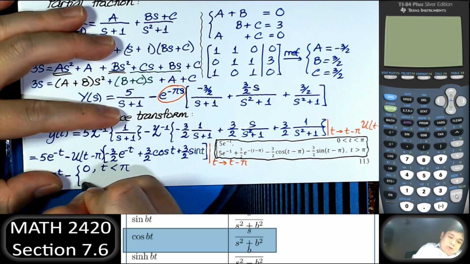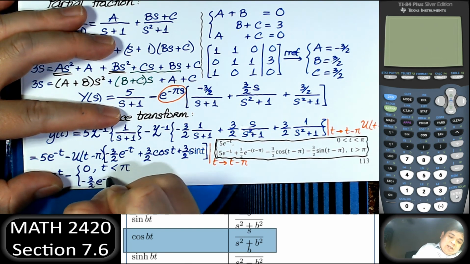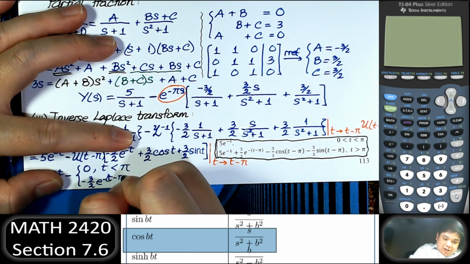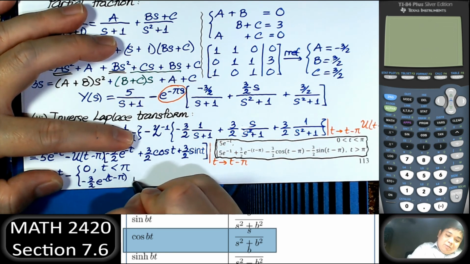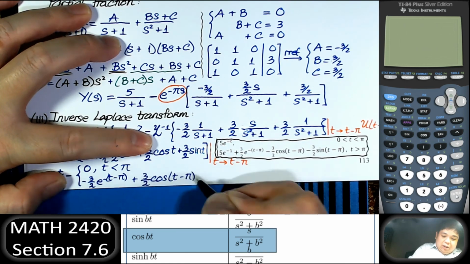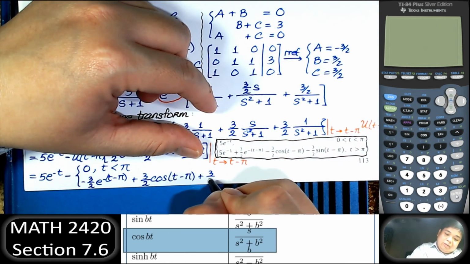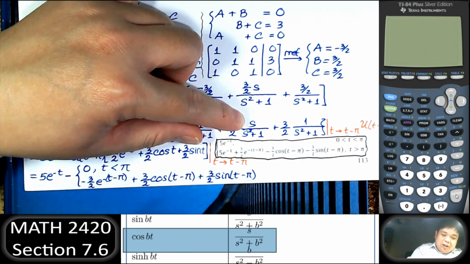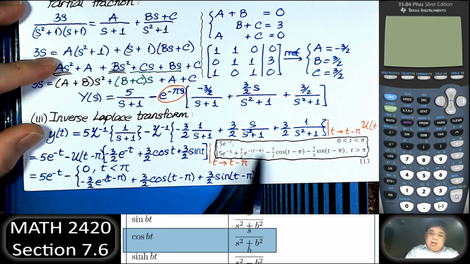And then the other one we will write negative 3/2 e to the negative t. Instead of t, we use t minus pi. And then plus 3/2 cosine of t minus pi plus 3/2 sine of t minus pi. And when we combine these two together, we have that answer.